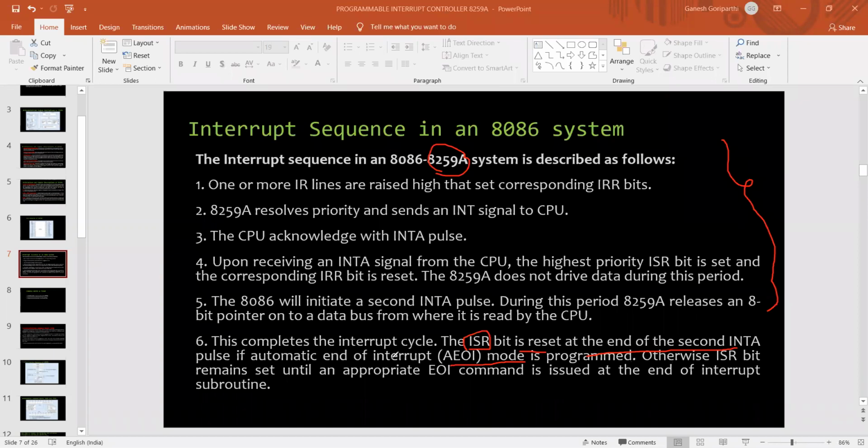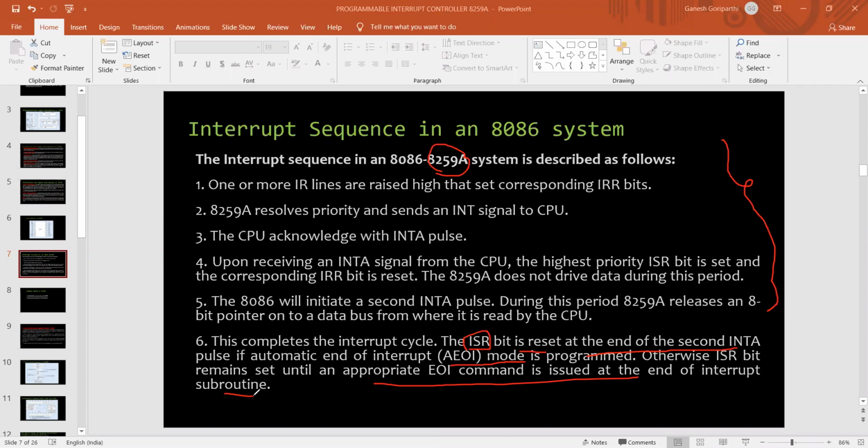Otherwise, the ISR bit remains set until the appropriate end of interrupt command is issued at the end of the interrupt subroutine. That is what happens. If it is in the automatic end of interrupt mode, that particular ISR bit, which is the in service bit, will be reset by the 8259 automatically.